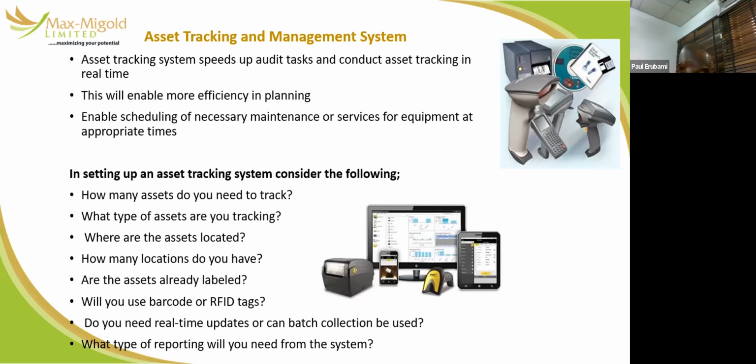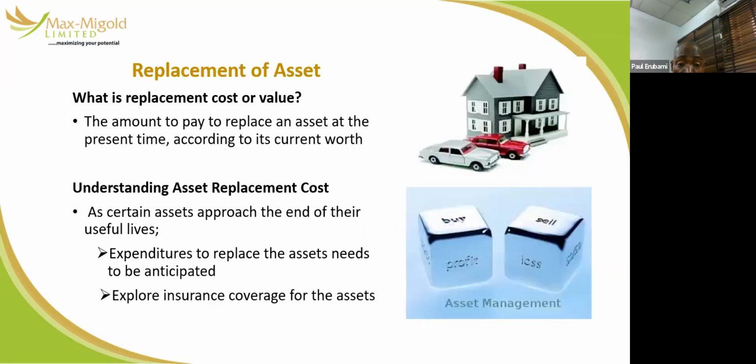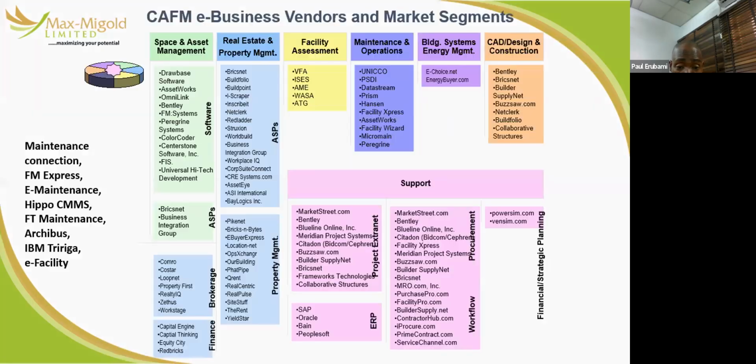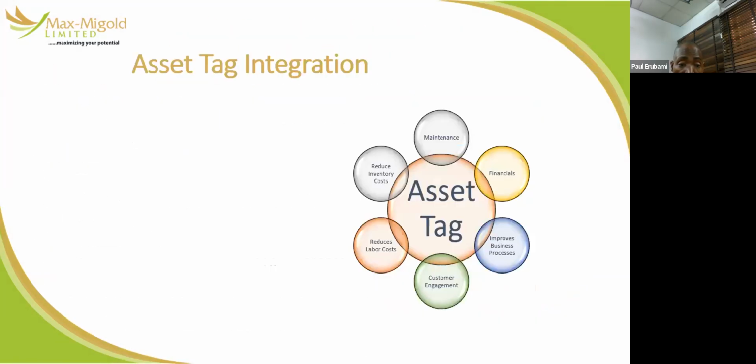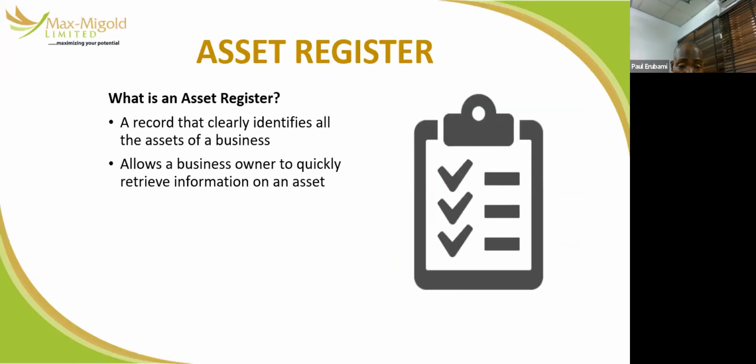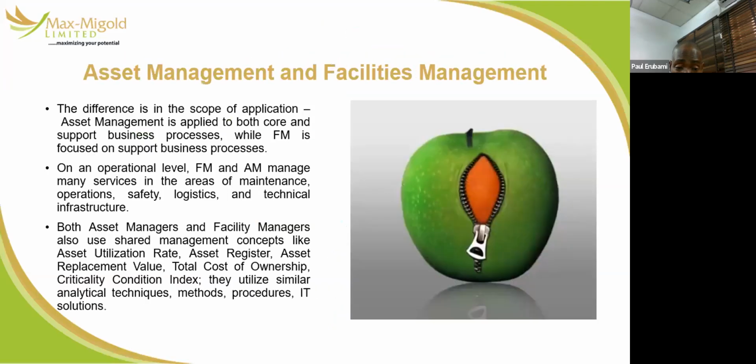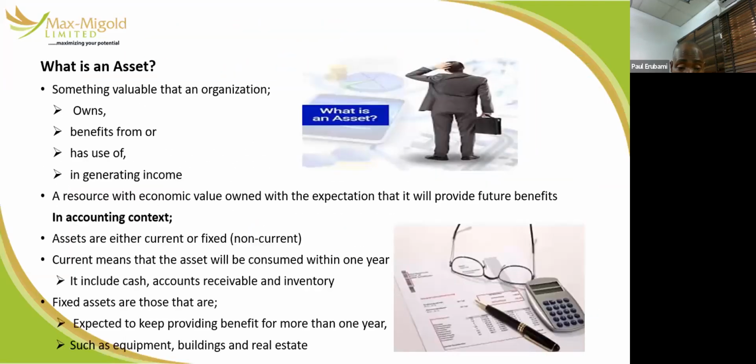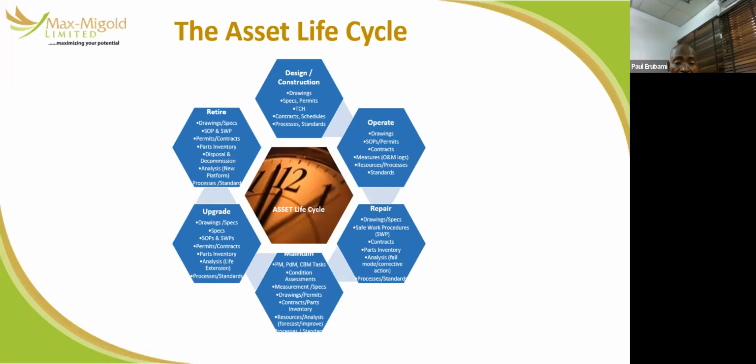I'm going to do a 5-minute recap of what we have discussed so far today. We have discussed what an asset is, how we manage an asset, and what an asset register is. Then we moved to differentiate, compare and contrast a facility manager to an asset manager. Then we discussed how you tag your asset.